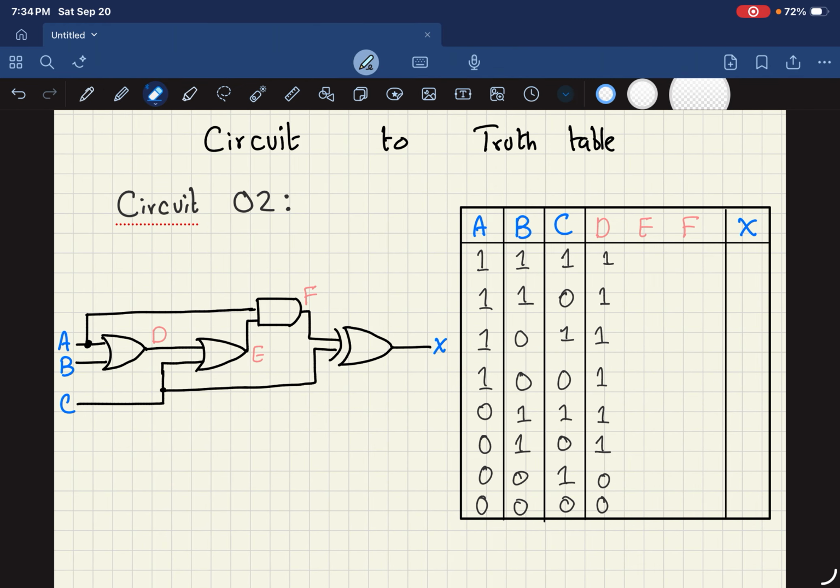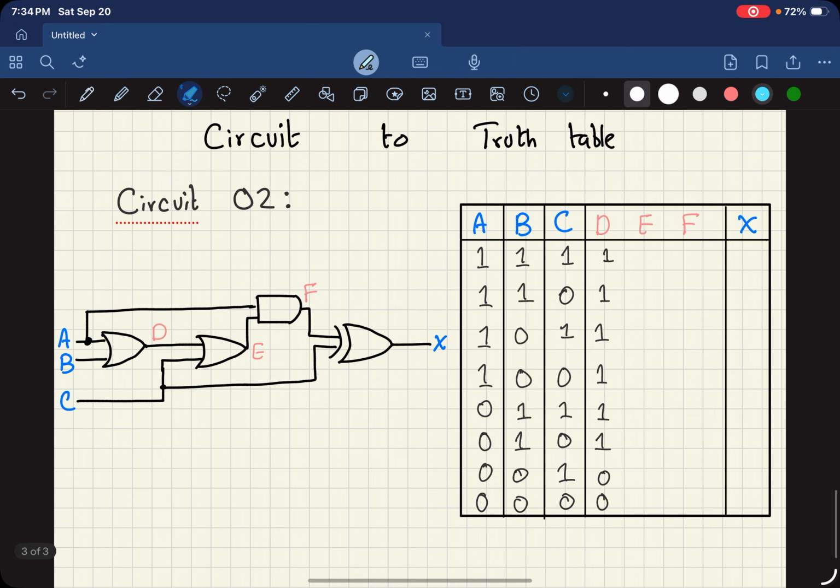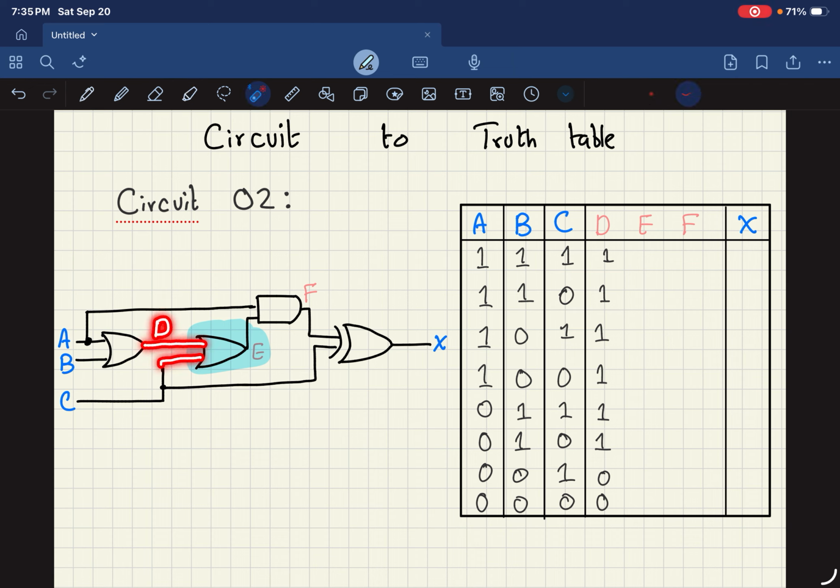Now we will focus on the next gate, which is E. For this gate, if you look at it, it's taking one of its inputs from D and the other one from C. So the two inputs we will focus on now are C, which is going into this gate, and D, which is also going into this gate. Let me draw up a line just to demarcate which values belong to which signal, which column.